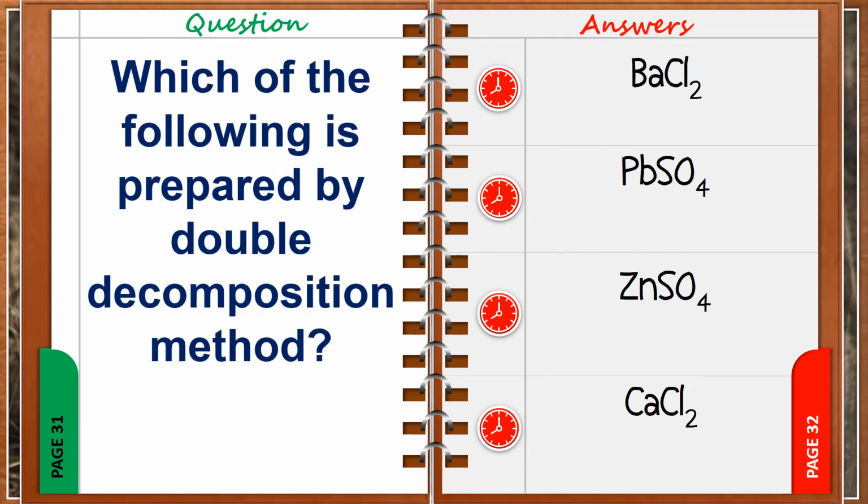Which of the following is prepared by double decomposition method? Lead sulphate.